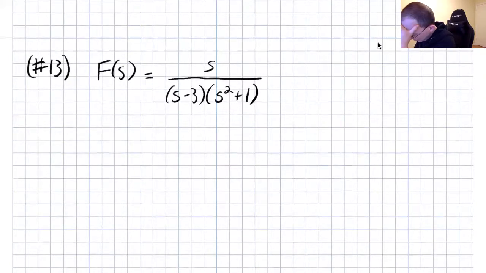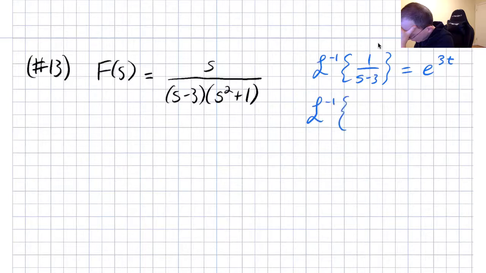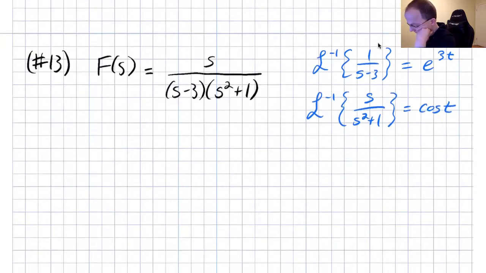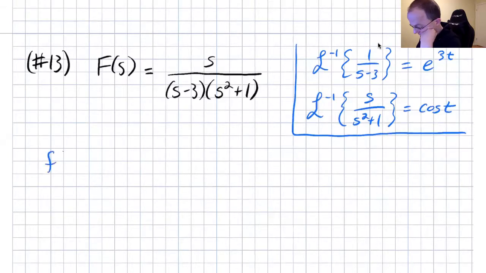So we can see that this is a product of 1 over s minus 3 and s over s squared plus 1. So the inverse Laplace transform of 1 over s minus 3 is e to the 3t, and the inverse Laplace transform of s over s squared plus 1 is equal to cosine t. Okay. So let's use the convolution theorem to do this.